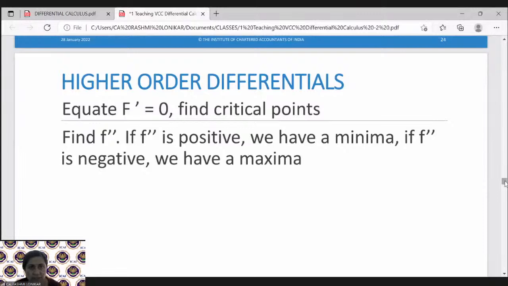What is the second differential? Differential of the first differential. Whatever differential you found just now, differentiating it one more time is called the second differential. Now, if I put the critical values that I've obtained into the second differential, and the value comes to positive, I've got a minimum. If the value comes to negative, I've got a maxima.